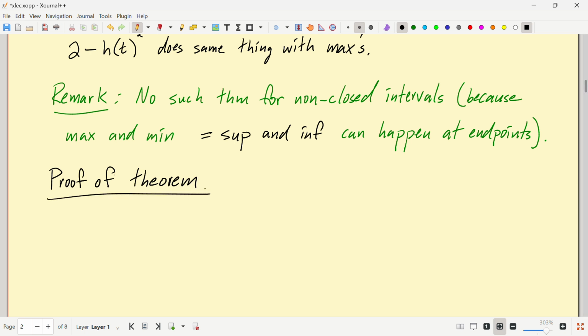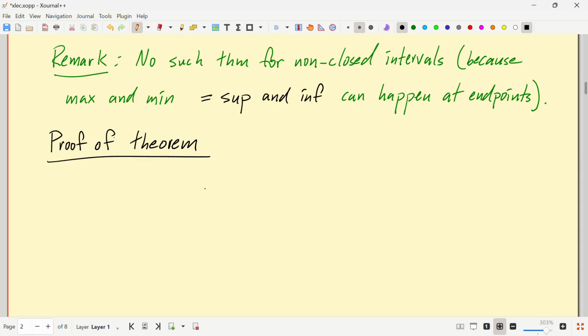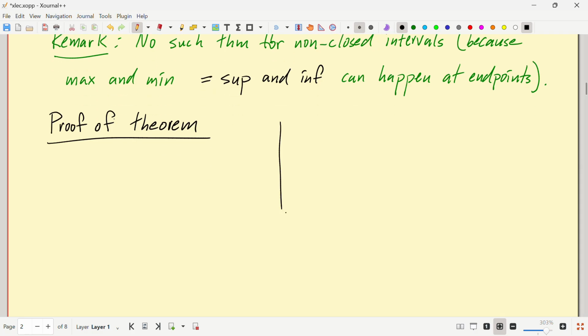But when we first talked about sups, what is the max going to be? Now we know that a function is bounded on a closed interval AB. And so obviously here's where the max is going to happen.